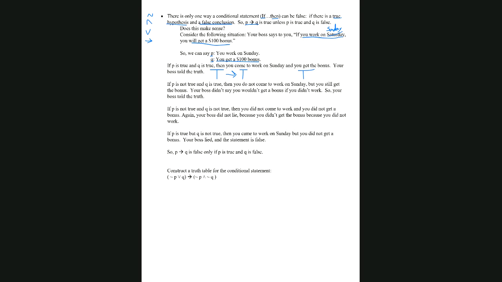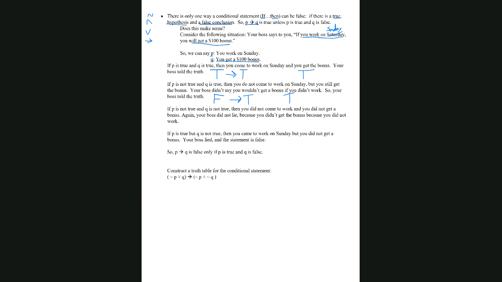If P is not true, so if we have a false statement for P, but we still end up with a true statement for Q, then that's also true. Because let's say that you didn't come to work on Sunday, but you still got a bonus. Well, your boss didn't say that you wouldn't get a bonus if you didn't work. Your boss just said that you would get a bonus if you worked.